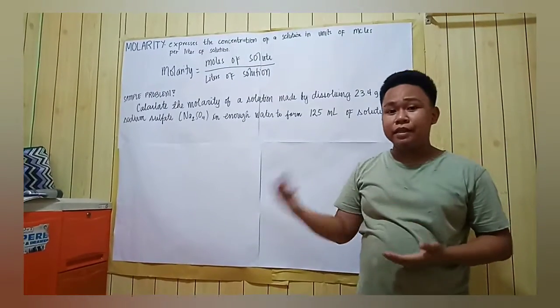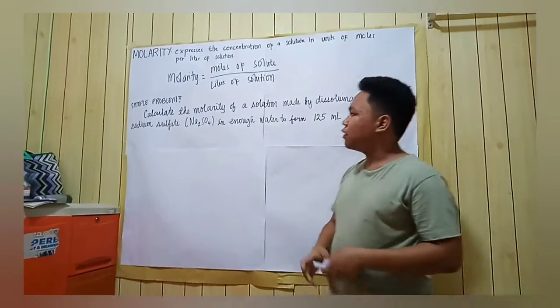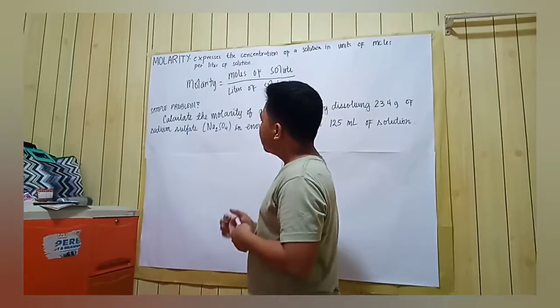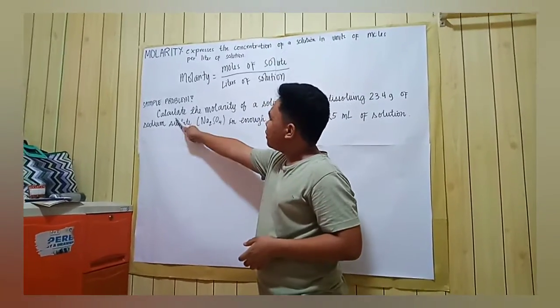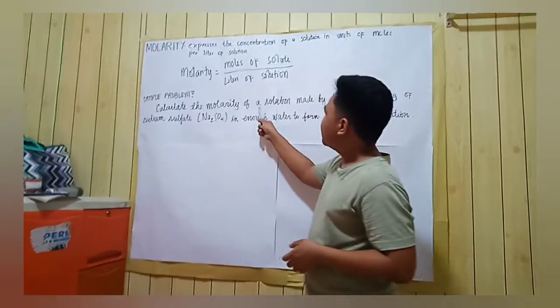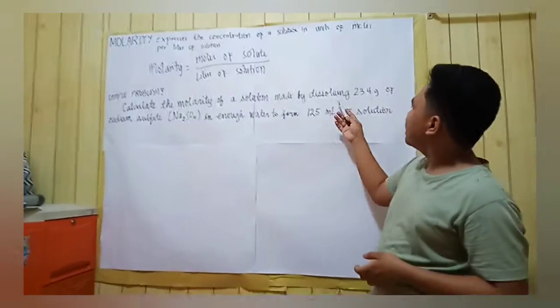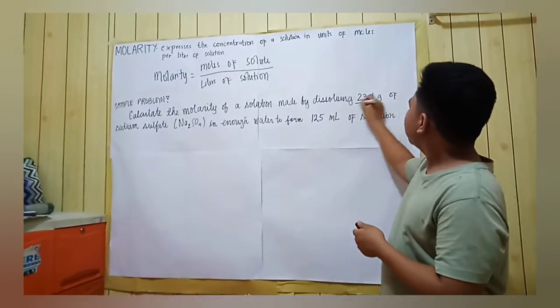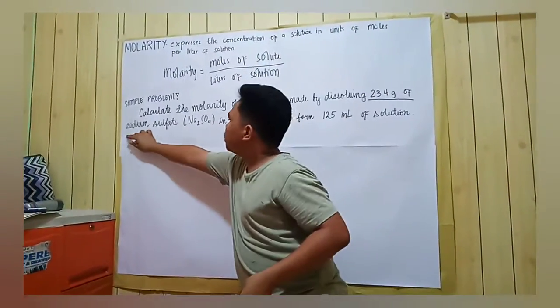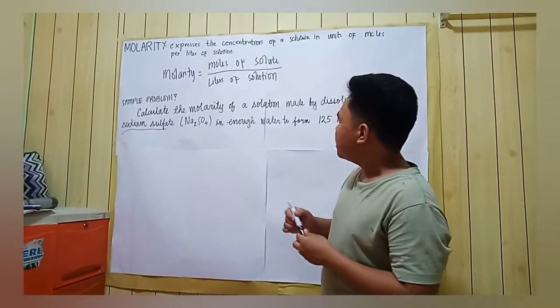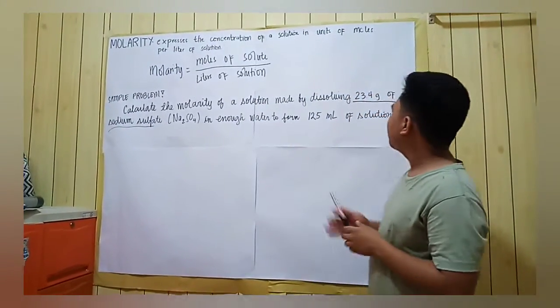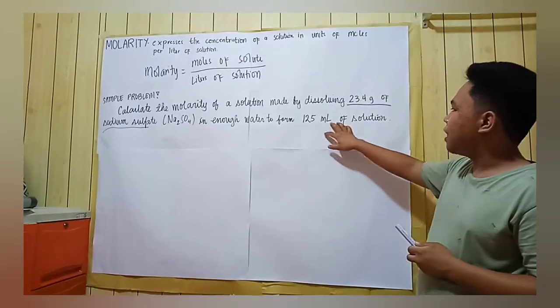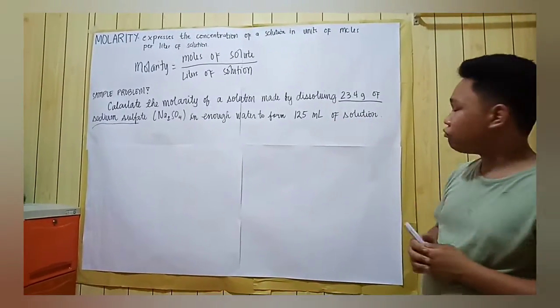To further understand, let's have a sample problem. Calculate the molarity of a solution made by dissolving 23.4 grams of sodium sulfate in enough water to form 125 ml of solution.